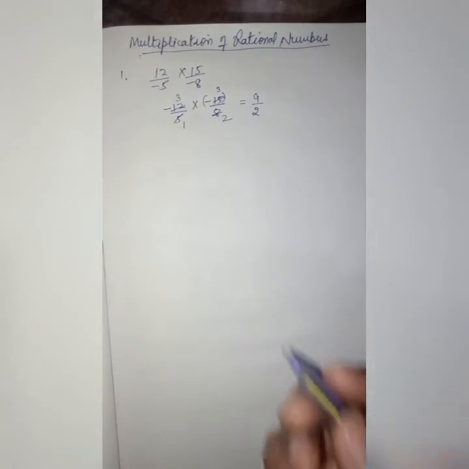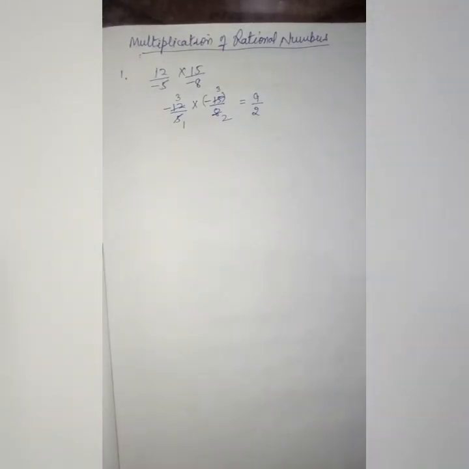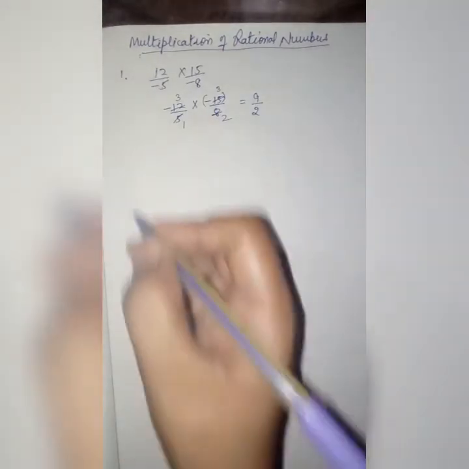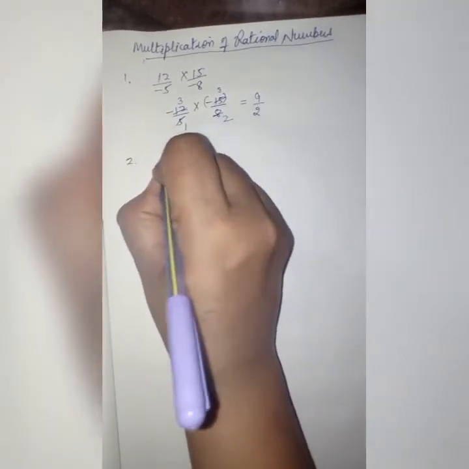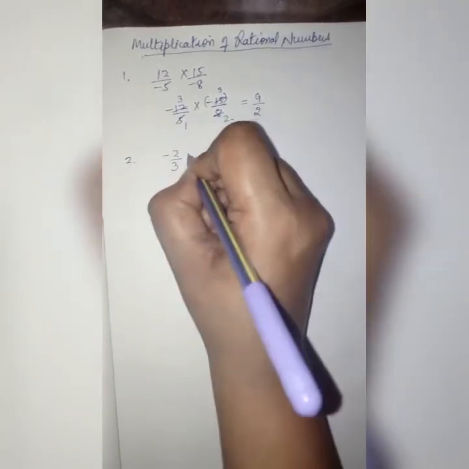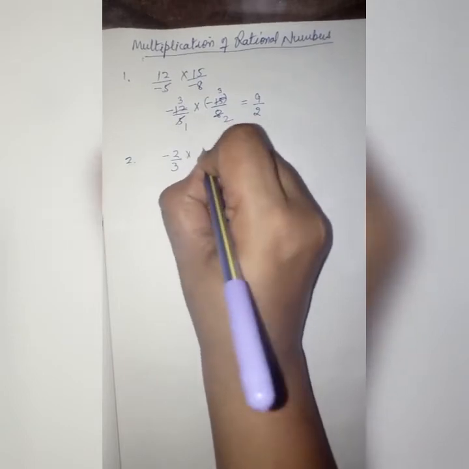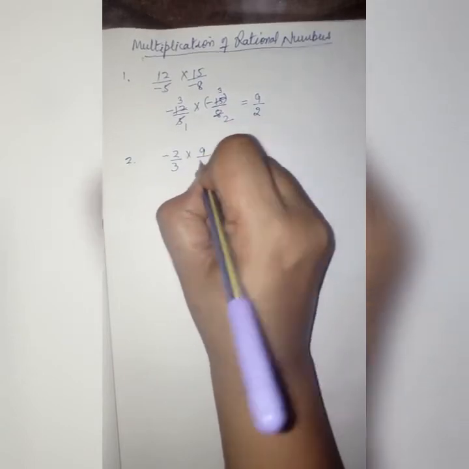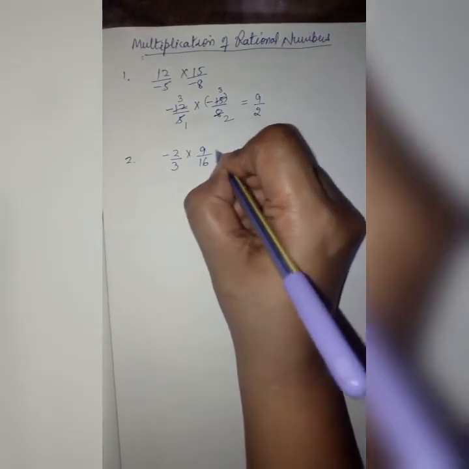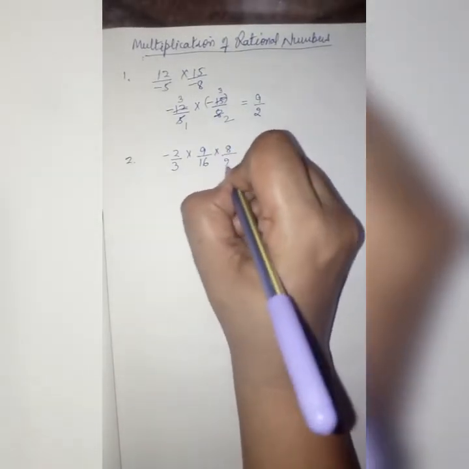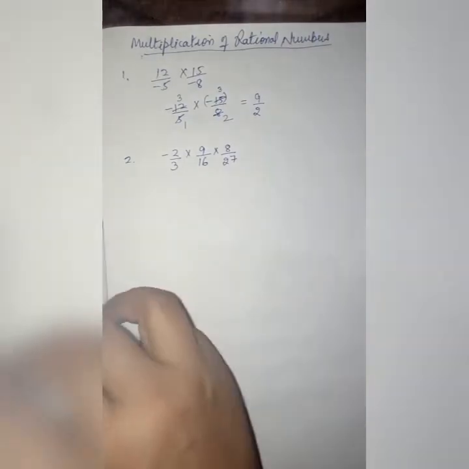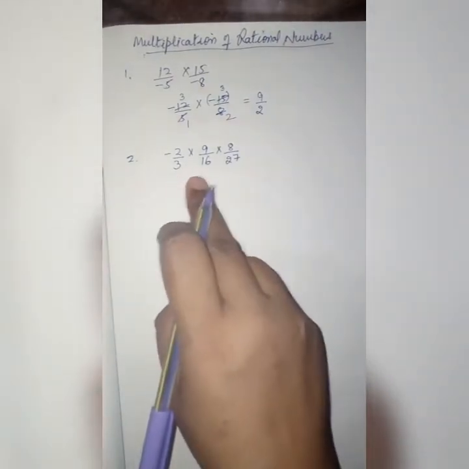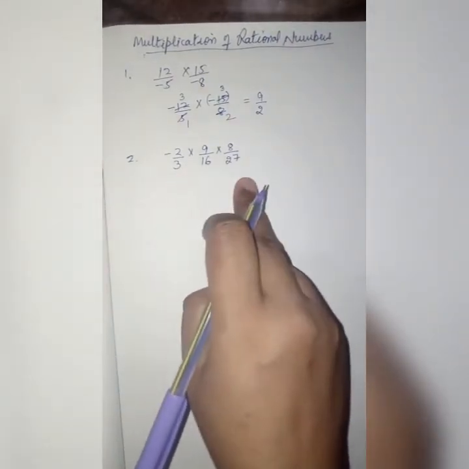Then if you are multiplying more than two numbers, in that case, minus 2 upon 3 into 9 upon 16 into 8 upon 27. So here you are already given all the numbers in standard form.